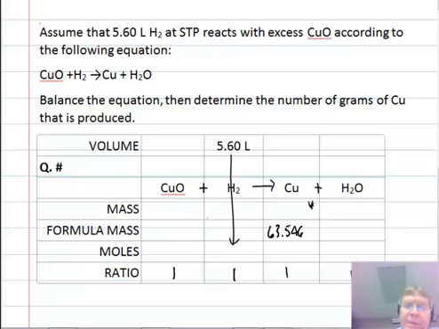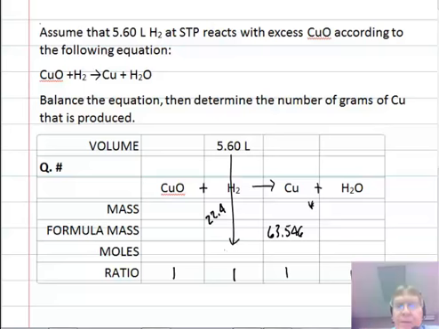So now we can start doing our calculations. Again, remember the number that we want to remember is 22.4. It's actually liters per mole, and so in order to do this, we'll take 5.60 liters and divide by 22.4 liters per mole, and that ends up giving us 0.250 moles.